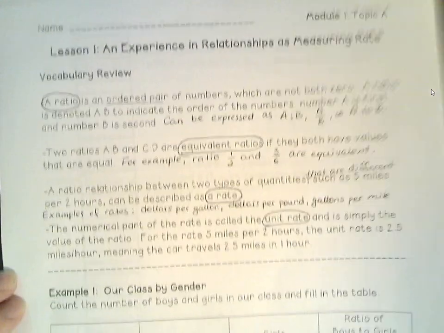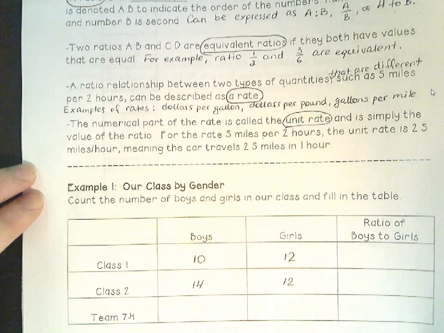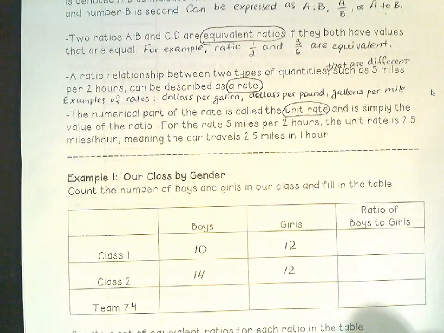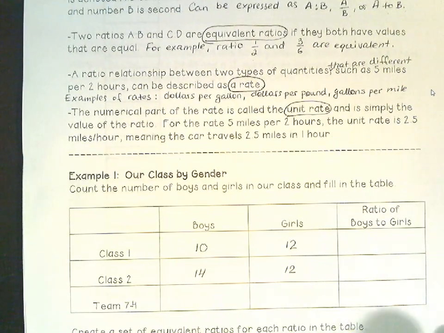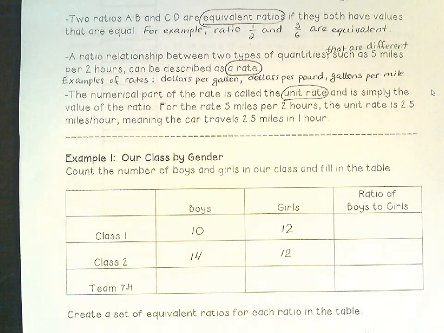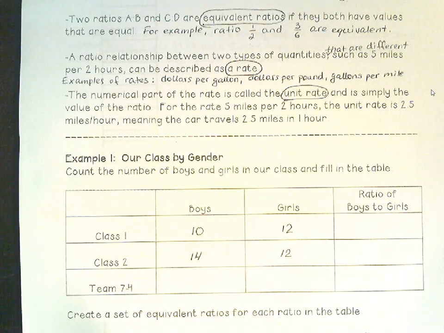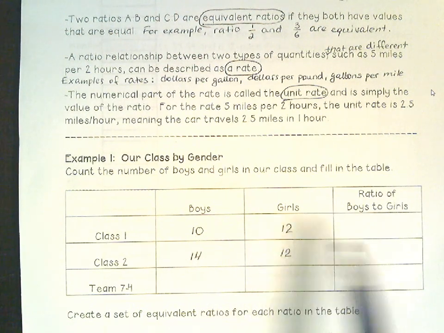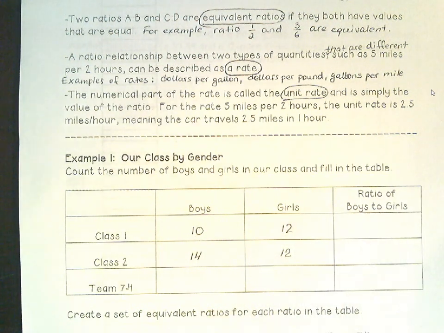So let's go deeper into our ratios and rates. Here is example one, our class by gender. Because we don't have a class right in front of us, we will just assume the numbers that are in our classes. So let's say in class 1 there are 10 boys and 12 girls. So how can I write a ratio of boys to girls?